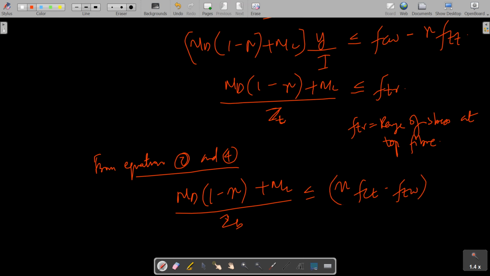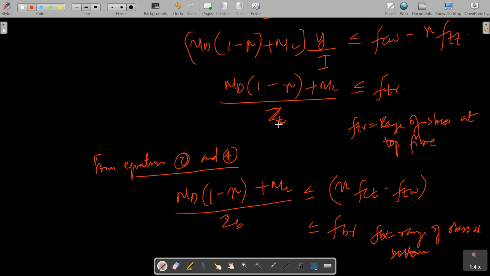This I will call less than or equal to FBR, where FBR is the range of stress at the bottom.